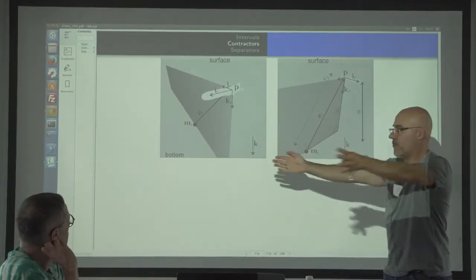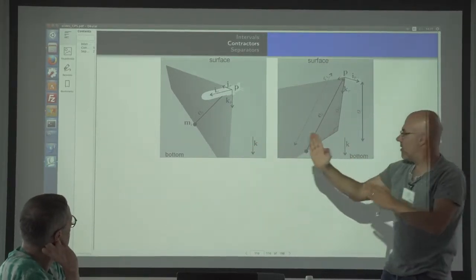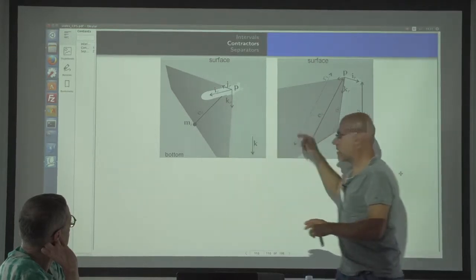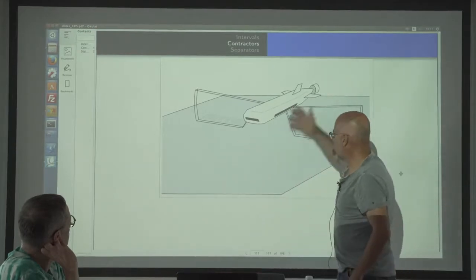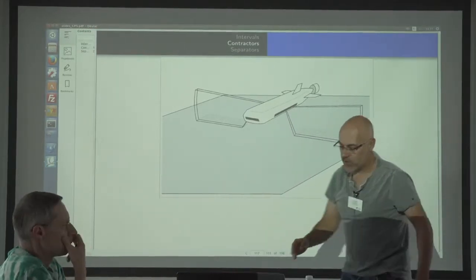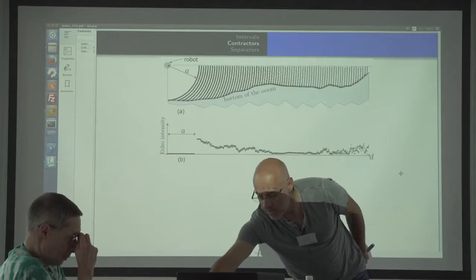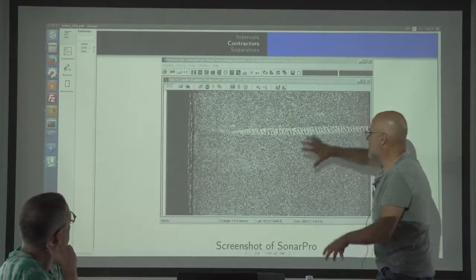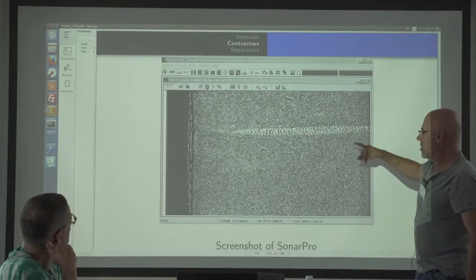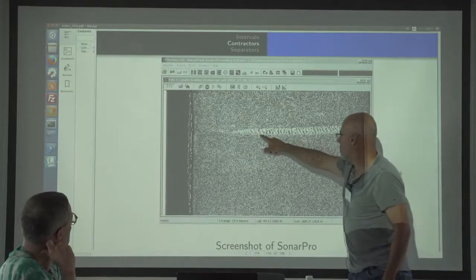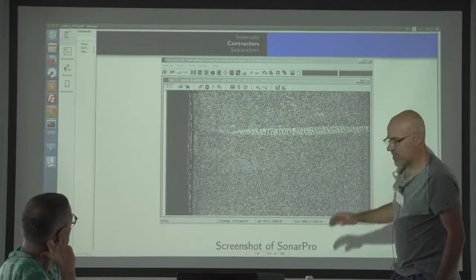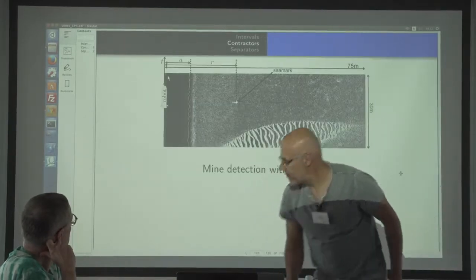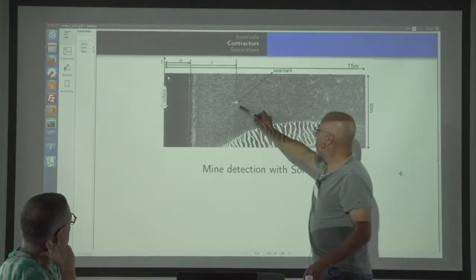So it's not a view like a camera, but like on a thin plane represented here. But since the robot is moving forward, we can construct an image. And the image, with the sound, is this kind of image. So with this kind of image, it is able to recognize things, but the quality is not so good, as we can see. But we can see here a mine.